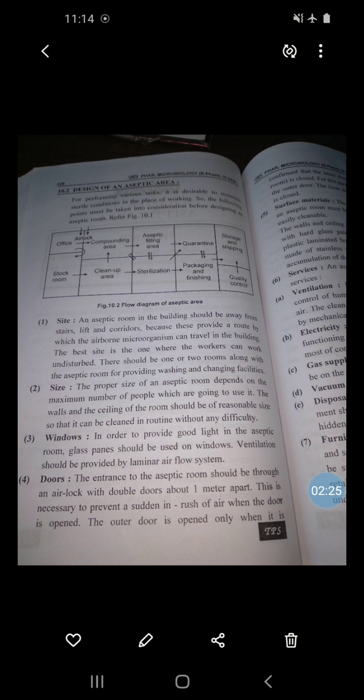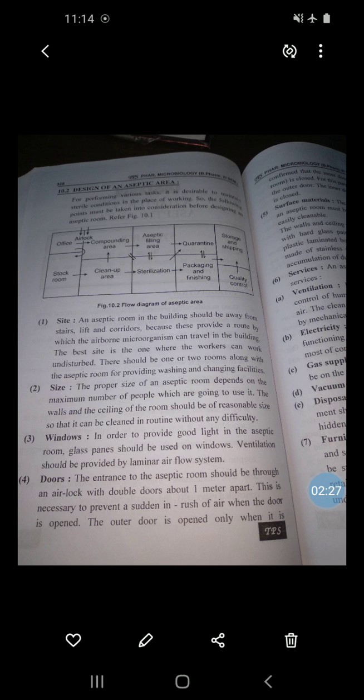Then we'll see the designing of aseptic area. While designing the aseptic area, it is desirable to maintain sterile conditions at the place of working. So a few points are to be considered during the designing of aseptic area.